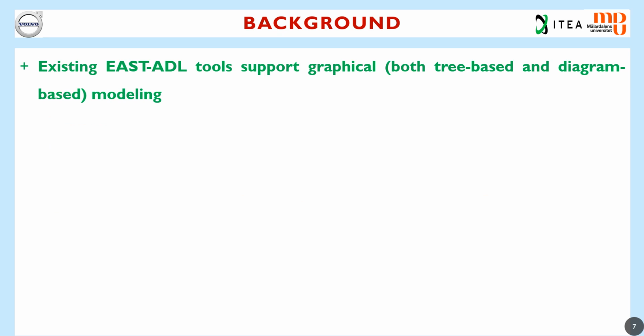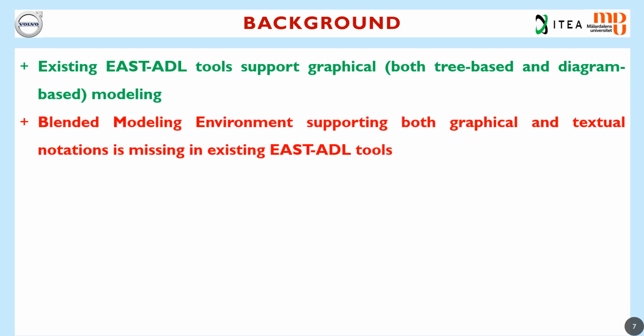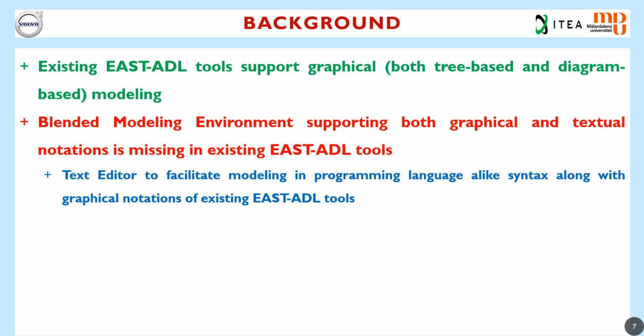Existing eSTDL tools support graphical modeling, but a blended modeling environment supporting both graphical and textual notations is missing in existing eSTDL tools. So there is a need for a blended modeling environment that should support a text editor to facilitate modeling in programming language like syntax along with the graphical notation of existing eSTDL tools.